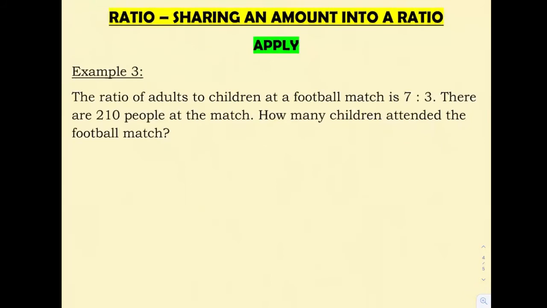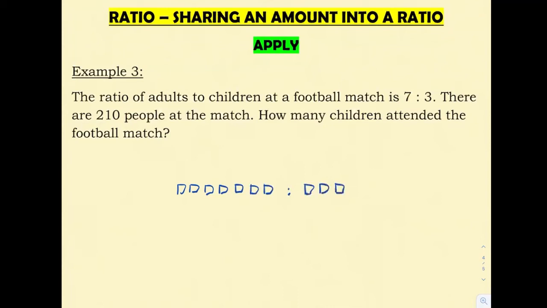So in this question, we've been given a ratio of 7 to 3, and it's telling us that there are 210 people at the match. That is in total, so we've got to share that amount into the ratio. So we've got the 7 parts and 3 parts.